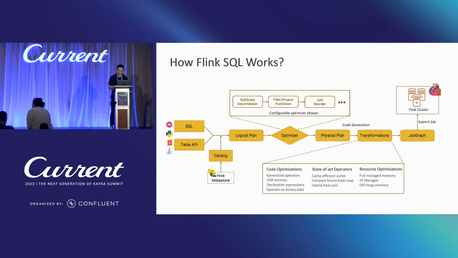Flink's optimizer will convert the initial logical plan into an optimized physical plan. Then, through Flink SQL's code generation and some optimizations, the physical plan will be translated to an internal streaming API under DataStream. It is the lowest API of Flink.